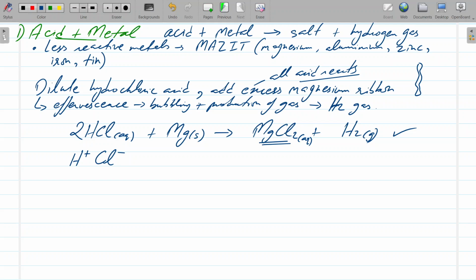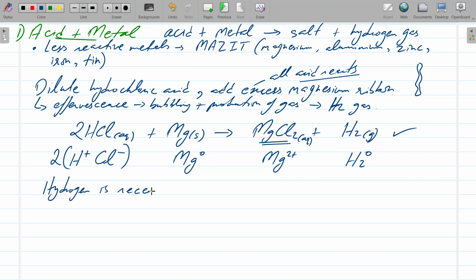In this reaction, magnesium is going from an oxidation state of 0 to an oxidation state of +2, and hydrogen is going to 0. If you write that out separately, the hydrogen is receiving, because 2+ means it has lost 2 electrons.